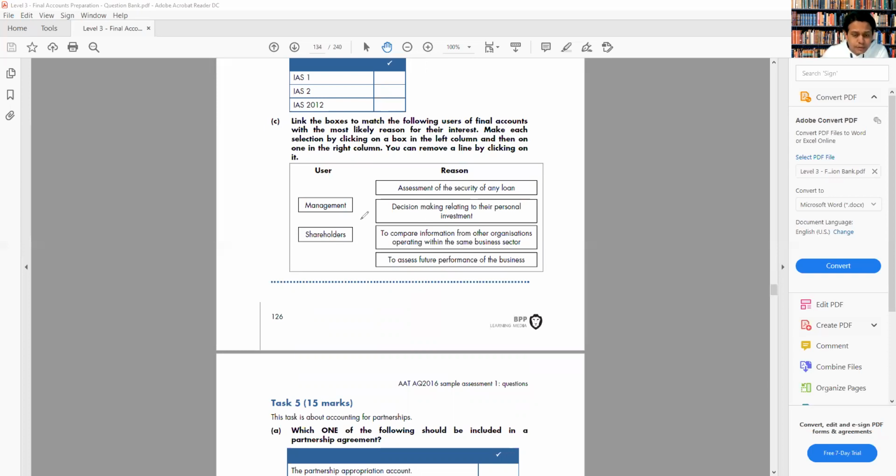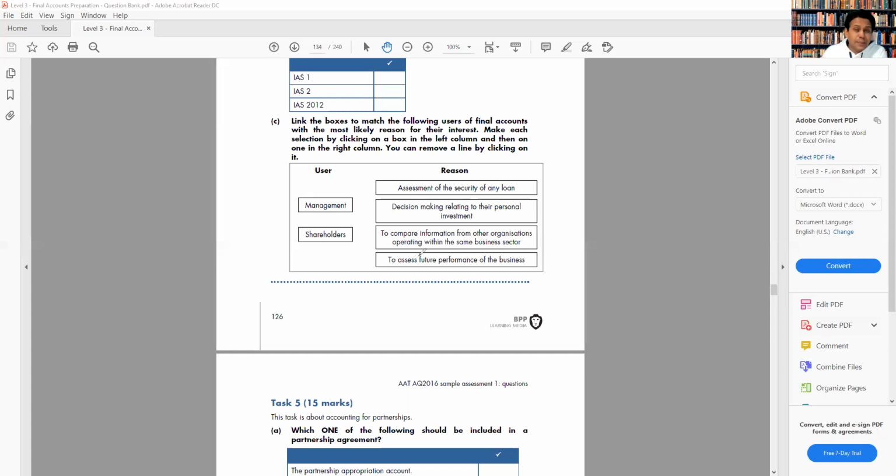The first one, management: why do they have to use the financial statement? You have a few reasons: assess the security of the loan, decision making relevant to their personal investment, to compare the information from organizations operating within the same business sector, to assess future performance of the business.